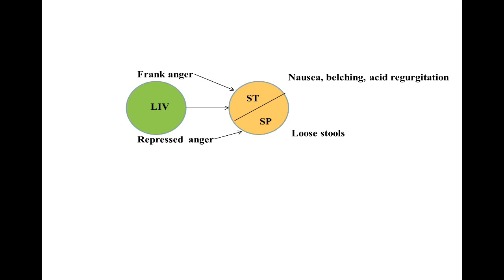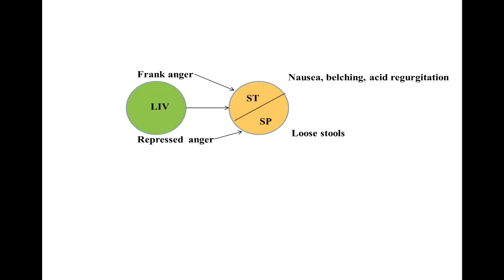And anger that is manifested leads more to rebellious qi, i.e. stomach qi rebelling upwards, nausea, belching, acid regurgitation. And by the way, notice I make a distinction between stomach qi rebelling upwards and stomach qi not descending. They may sound like the same thing, but they're not quite the same thing. And what's the difference?